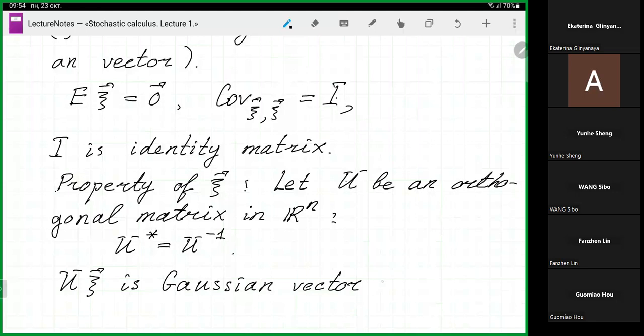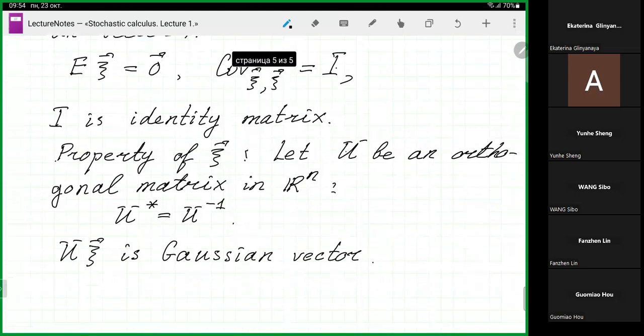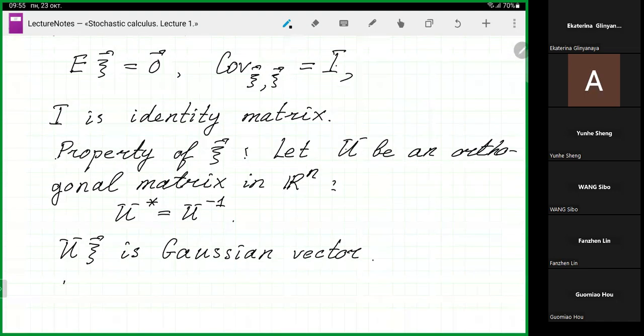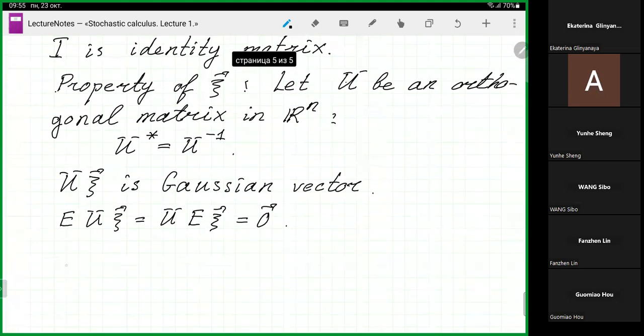Let's calculate parameters. Now, E of U psi, of course, it is U of E psi, and it is 0. Secondly, covariance of U psi.